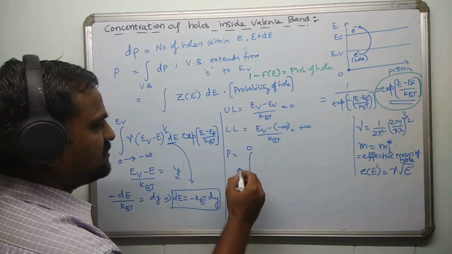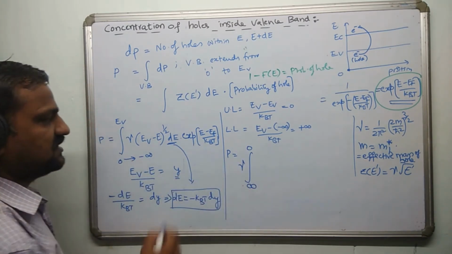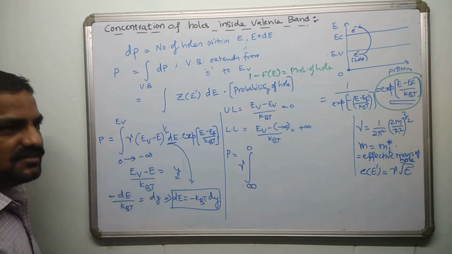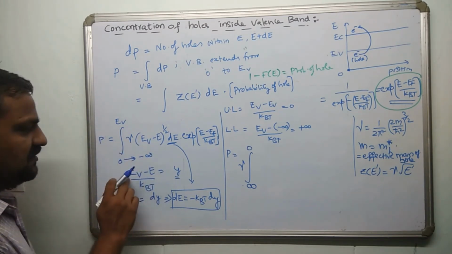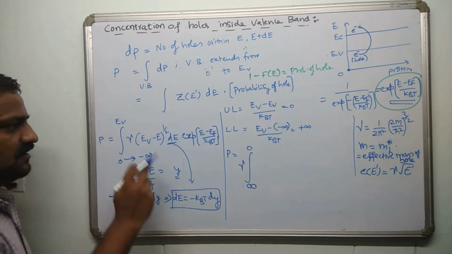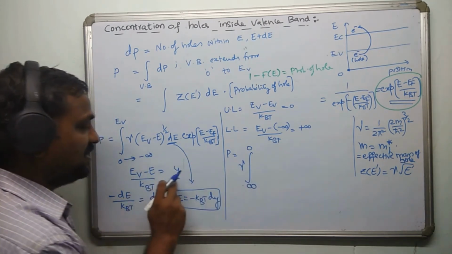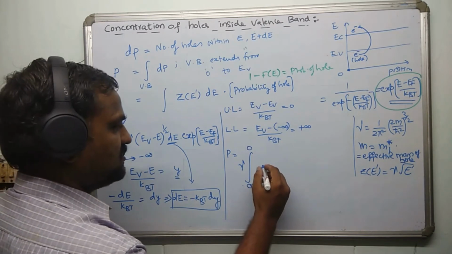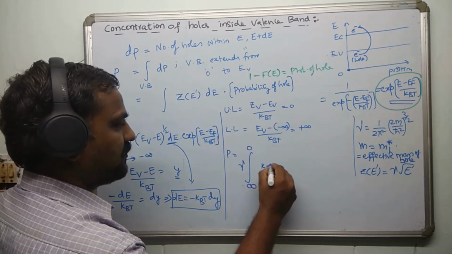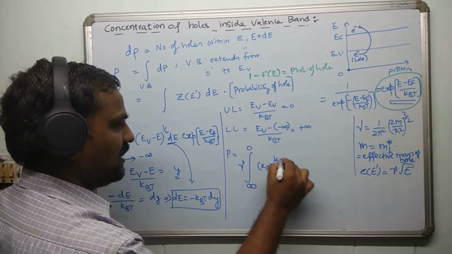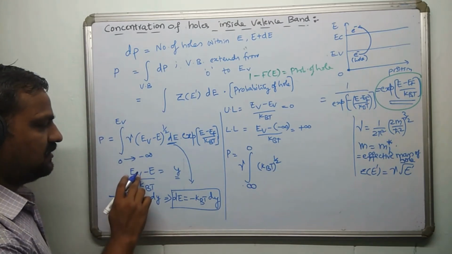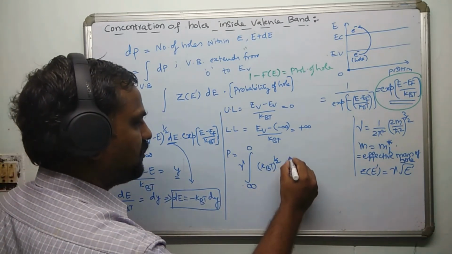Gamma is a constant, so I can pull it outside because it doesn't depend on the integration. And EV minus E, as I have substituted, is nothing but kBT y, power 1 by 2. So this is going to be kBT power 1 by 2, I am writing it intentionally, and this is going to be y power 1 by 2.